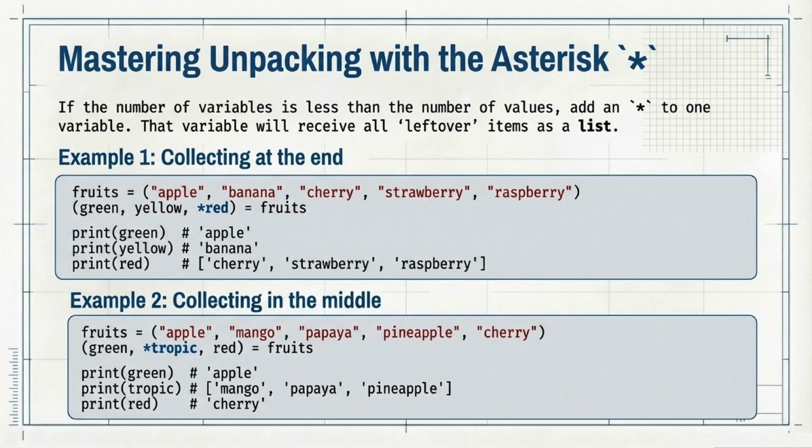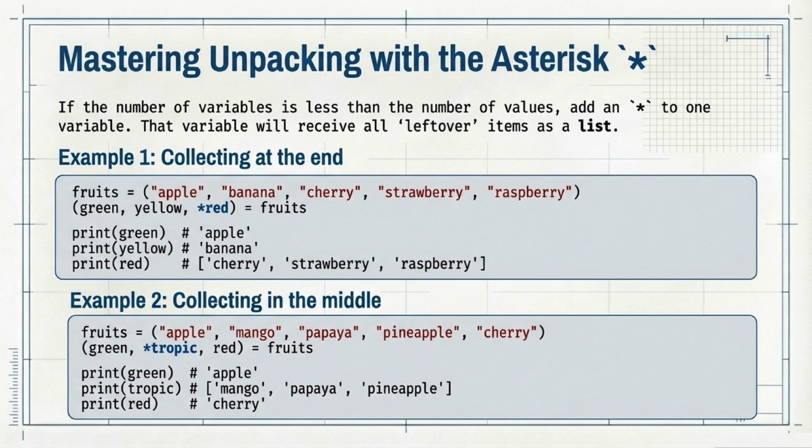Even though the original data structure is a tuple, the starred variable always results in a list, which makes it convenient for handling an unknown number of extra elements.